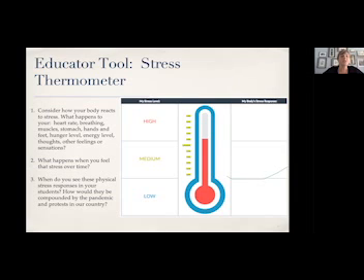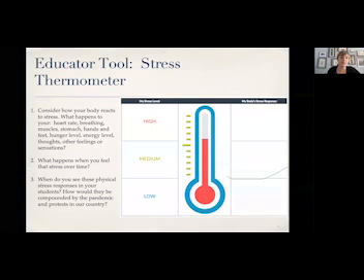And so this is a way to identify how our bodies react when we are under stress. Identifying the body signals can help us recognize when we're feeling stressed, and it can give us the opportunity to figure out what we need to do to mitigate that stress.